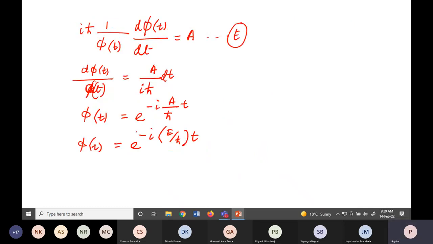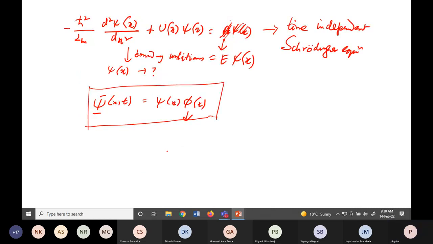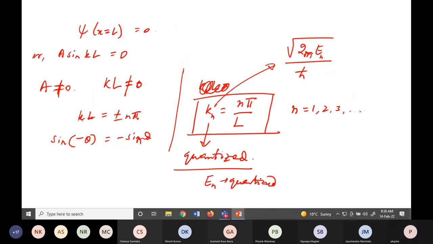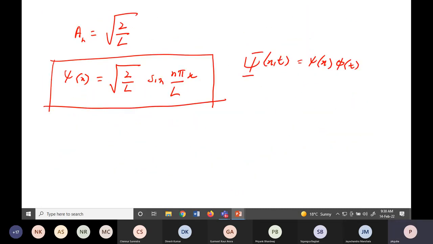Yeah, so this is my phi(t): e to the power minus i E over h-bar t. So you just multiply psi(x) and phi(t) for the total solution. If you multiply these two, you will get the total wave function.